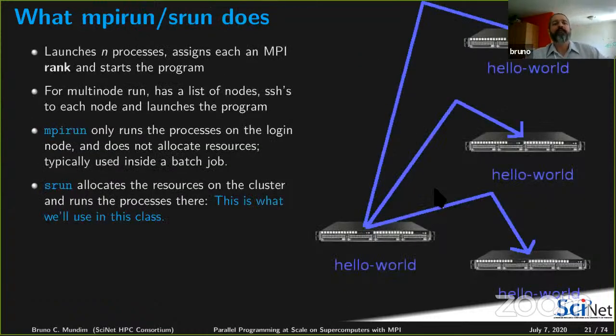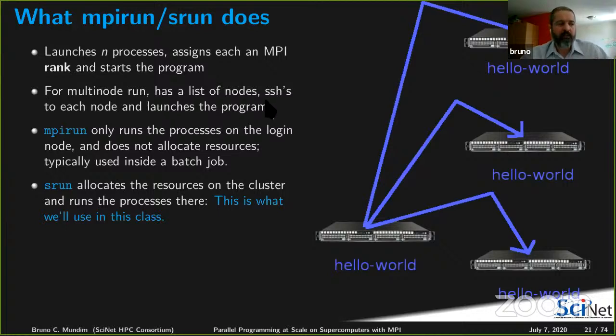What about mpirun, or the modern version called mpiexec, or what srun does, right? It's going to launch any process and assign each MPI rank and start the program, okay? So basically, it will get the executable that is on your disk, and then load it to memory on this node, on that node, on that node, on that node, if it is a multi-node run, as I'm doing here.